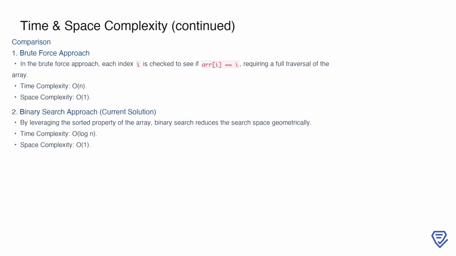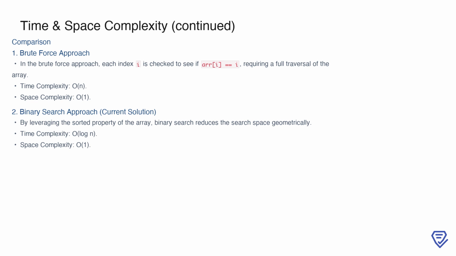To further understand the efficiency of this solution, let's compare it to a brute force approach. The brute force method checks every index i to determine if ARR[i] equals i. This requires iterating through the entire array, resulting in a time complexity of O(n). However, the space complexity remains O(1), since no additional memory is used.